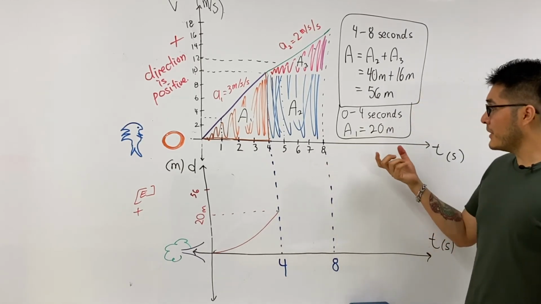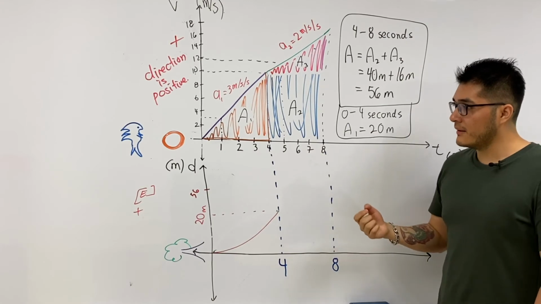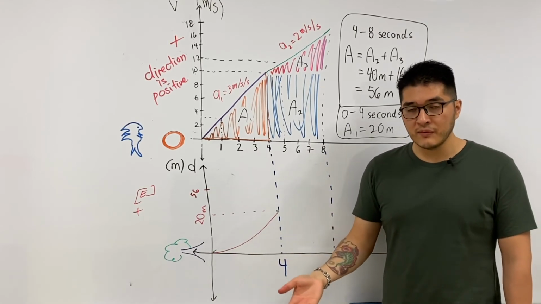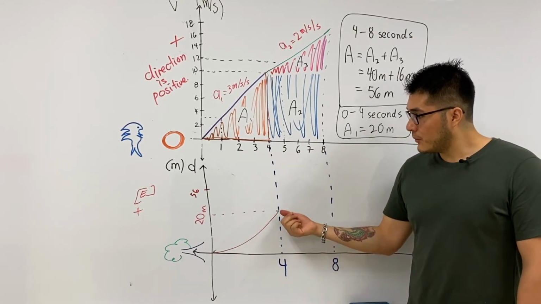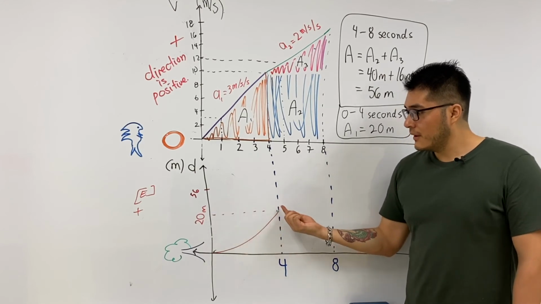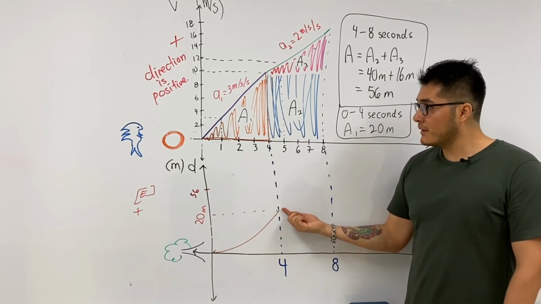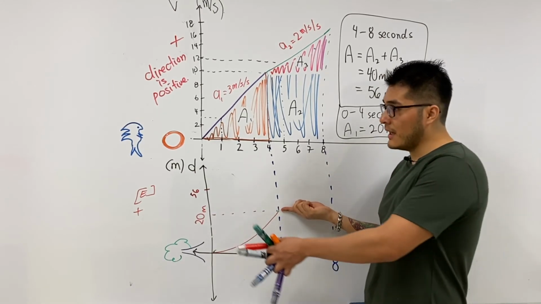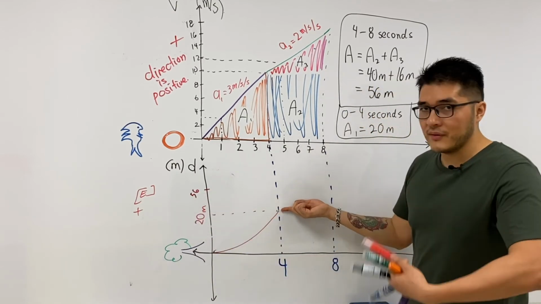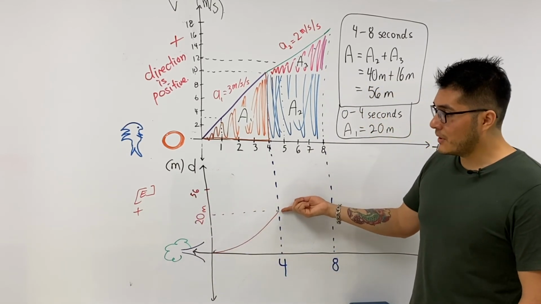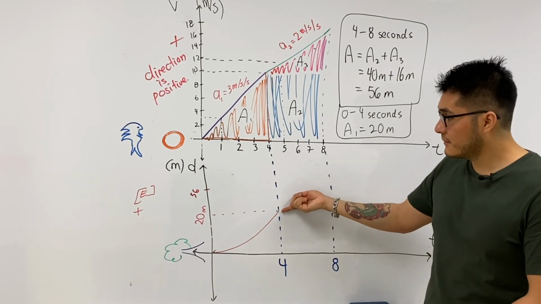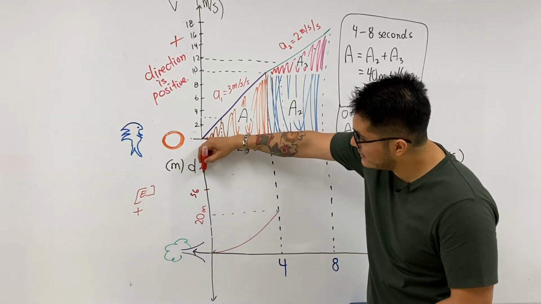But remember, displacement, which is what we calculate here, is the change in position from where you left off. So we left off at the 20 point. From this 20 meter point, the change in position has been another 56 meters. So that's going to be 20 plus 56. So it should be at the 76 meter point.